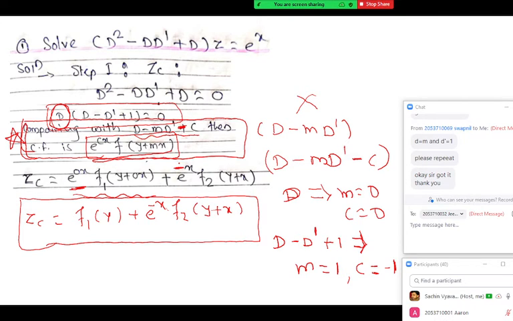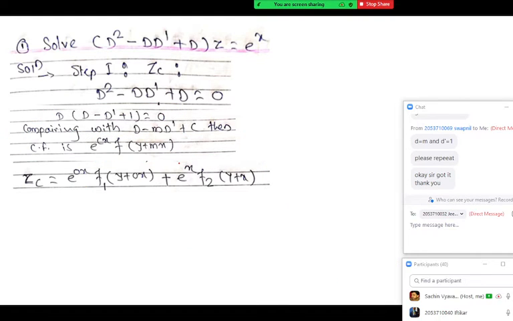Can anyone tell me how to get ZP? What should be the step? D is 1 and D dash is 0. Yes, very good.